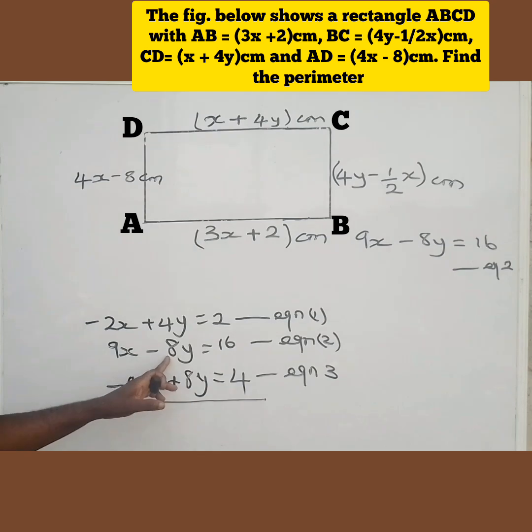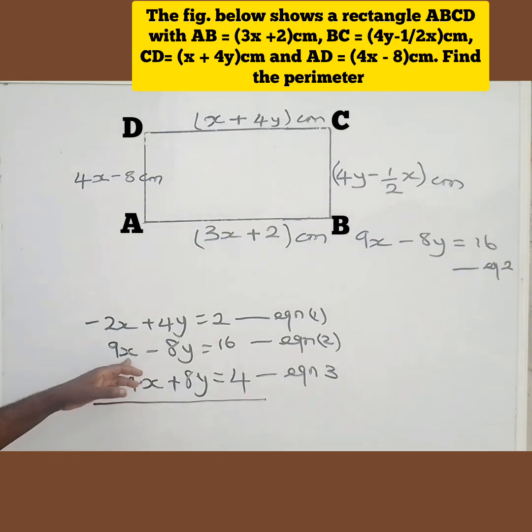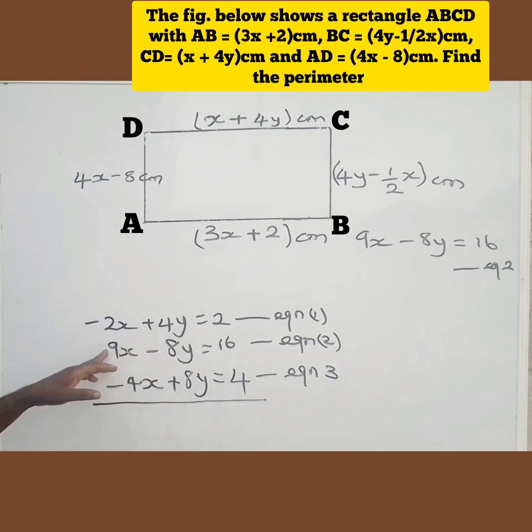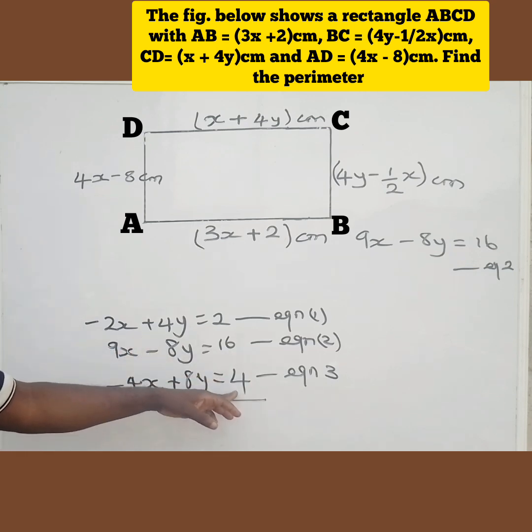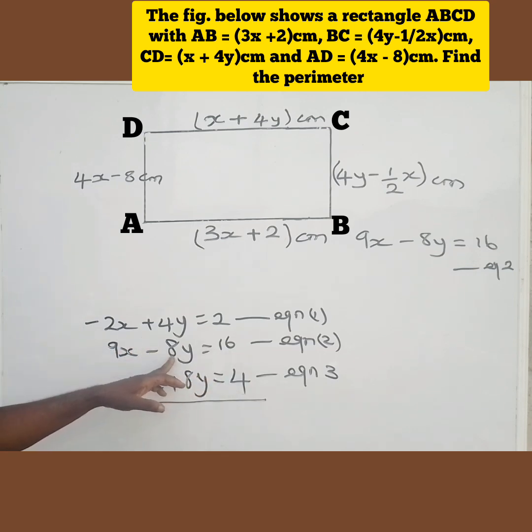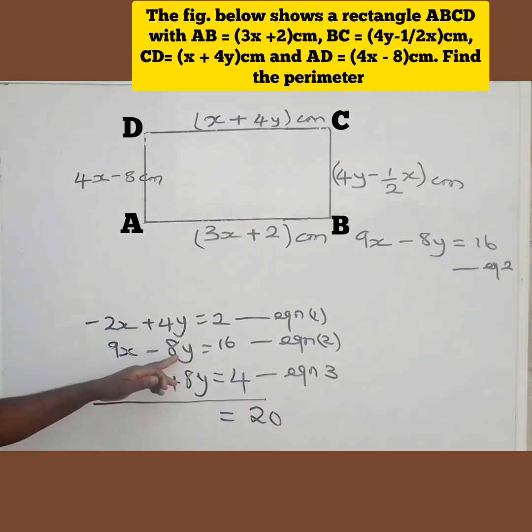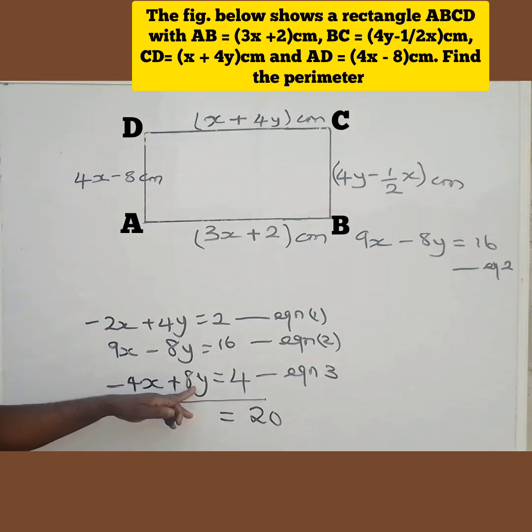To get rid of this y, don't forget I'm trying to find x and also find y. But first, let me find x. So what I want to do now is to add equation 2 and 3 together so that I can get rid of this y. 16 plus 4 is 20. Minus 8y plus 8y is 0.